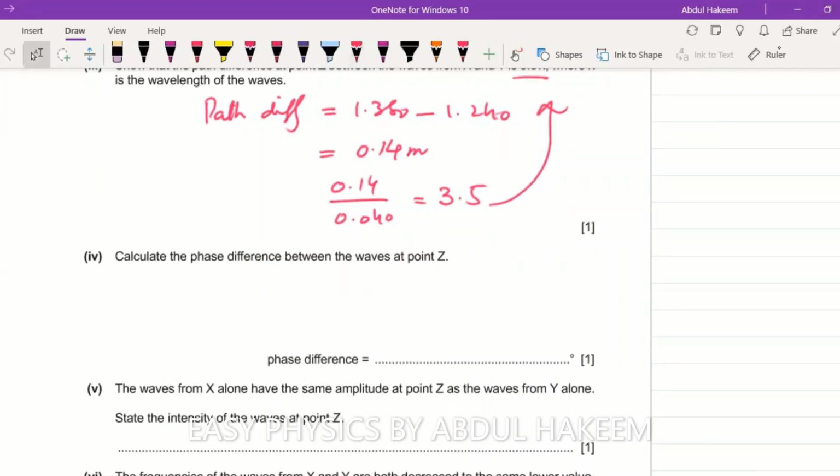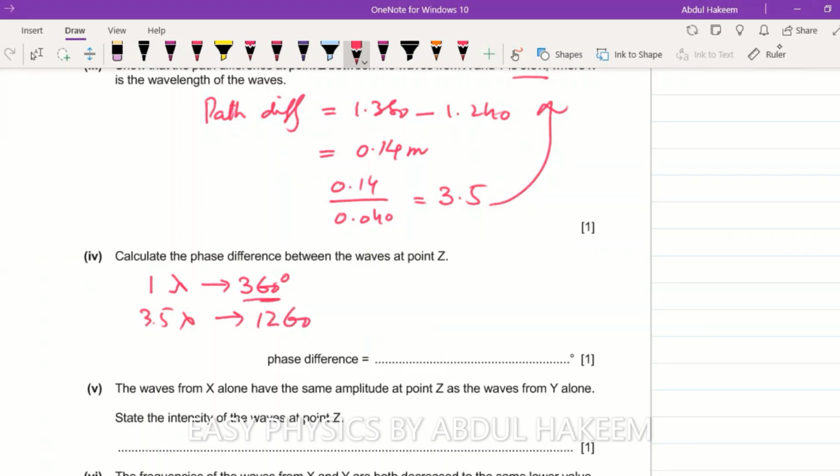Calculate the phase difference between the waves at the point Z. Look, 1 lambda has a phase difference of 360 degrees. Then 3.5 lambda will have a phase difference of 360 times 3.5, which is 1260.